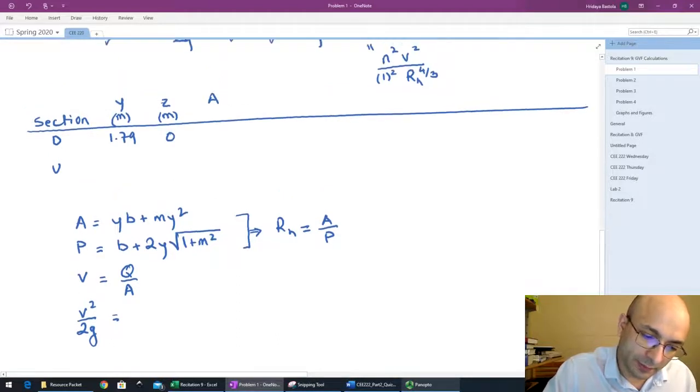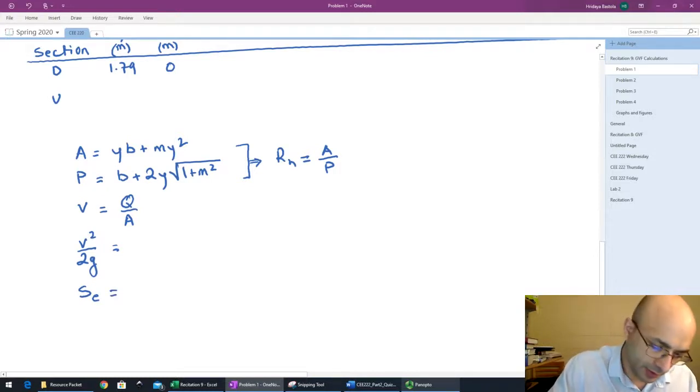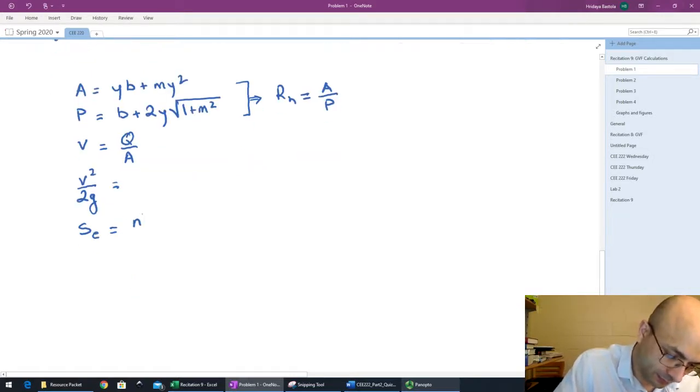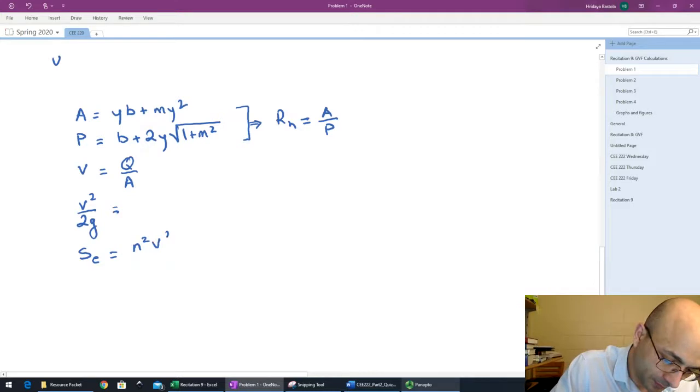And I already mentioned it up here, but the slope of the energy grade line at any location can be calculated using this equation, n squared v squared over R_H to the 4 over 3.